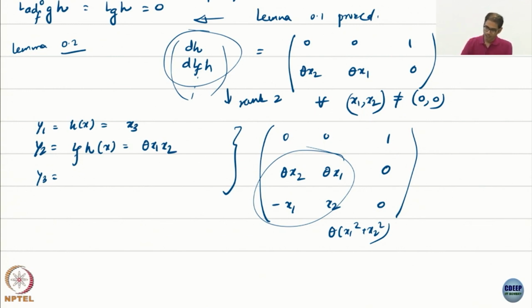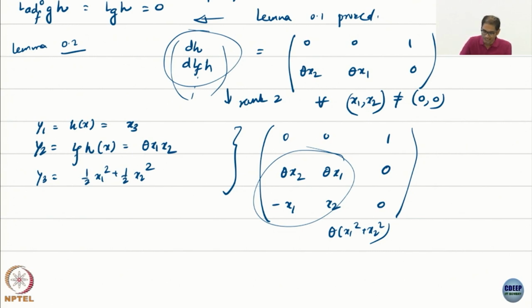So what will be the y3 such that this is the Jacobian? Partial with respect to x1 is x1, partial with respect to x2 is x2. So half x1 square plus half x2 square. So I sort of back calculated this.